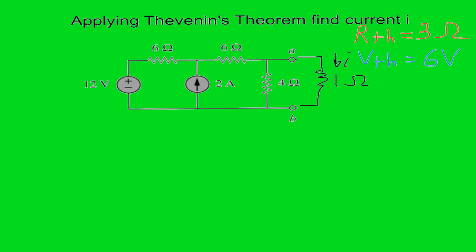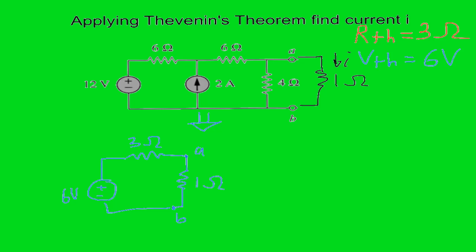But because we already found RThevenin and VThevenin, we can replace the original circuit by the Thevenin circuit, where we have the Thevenin voltage 6 volts, plus minus, connected in series to Thevenin resistance, and that we found to be 3 ohms. So this is the open circuit between A and B, and the load resistor, 1 ohm resistor, was connected exactly across the circuit. So between A and B we can place the 1 ohm resistor.